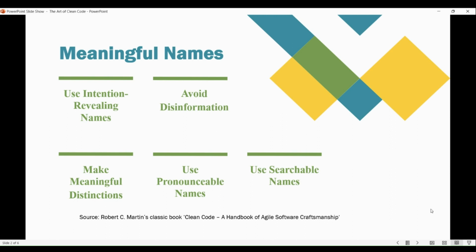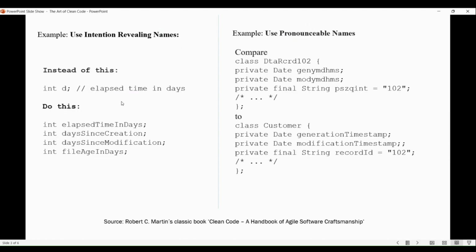So, how does an intention revealing name actually look? For example, if we name a variable as only d and then put a comment, elapsed time in days, what is much better? The better option is to name the variable by its intent, rather than putting the intention in the comment, which nobody is going to read.